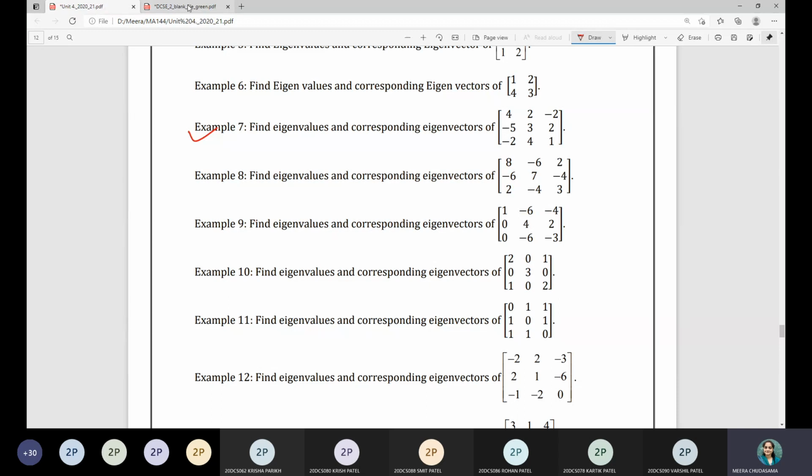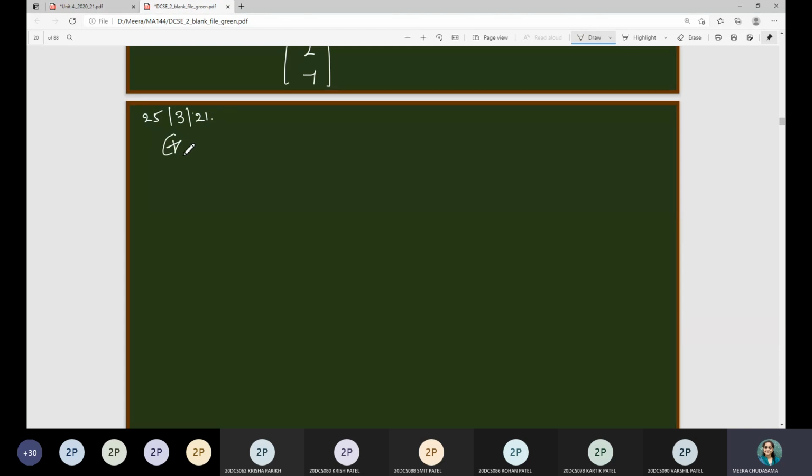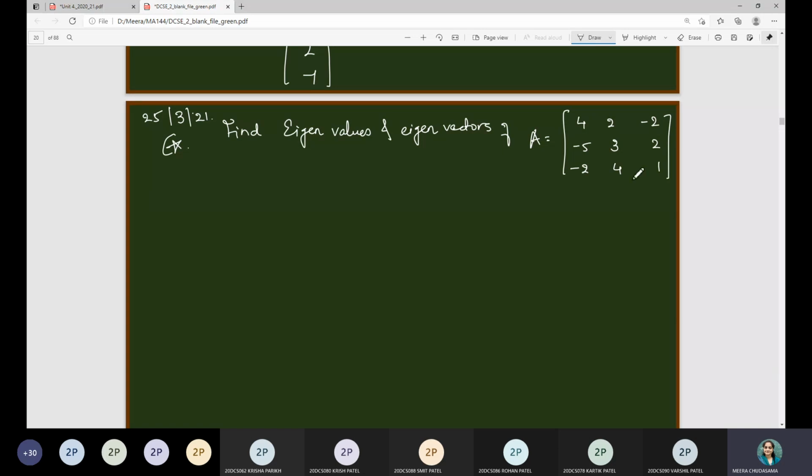You can write with me in your notebook: find the eigenvalues and eigenvectors of A, the given matrix, which is 4 2 minus 2, minus 5 3 2, minus 2 4 and 1. Let me call this expression 1.